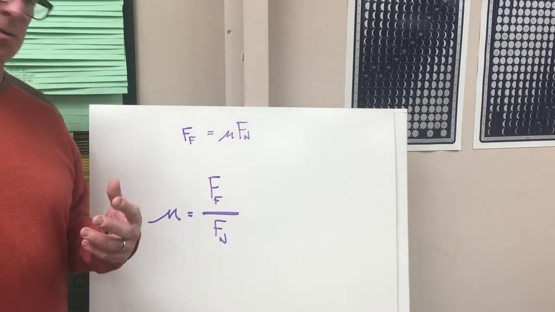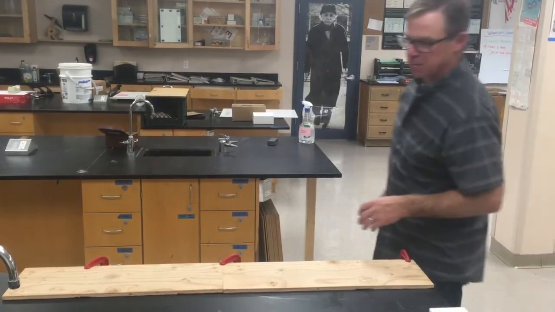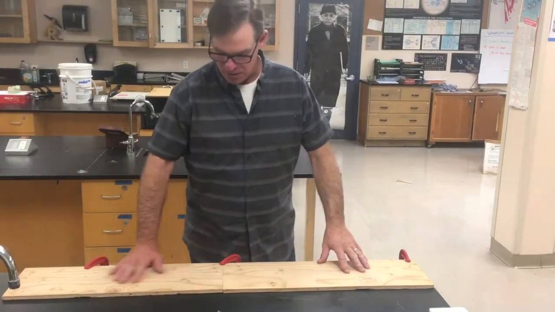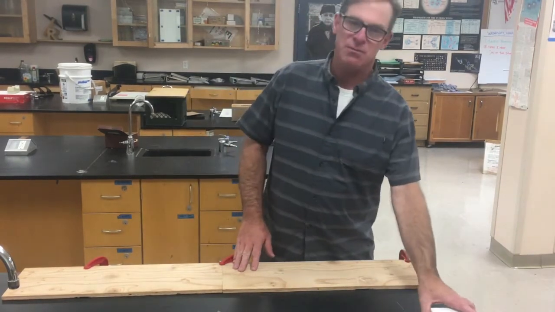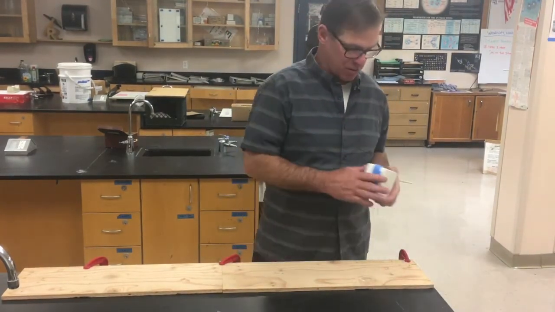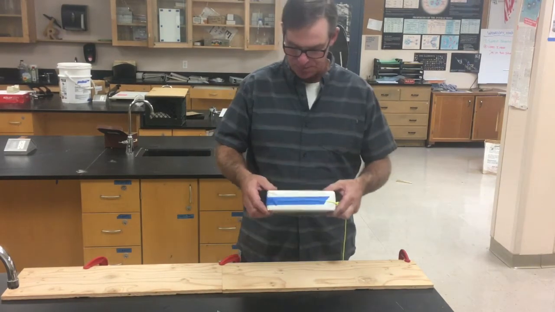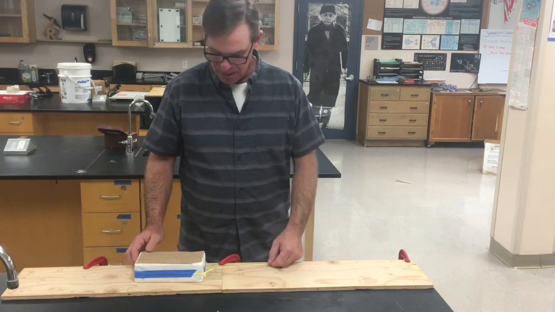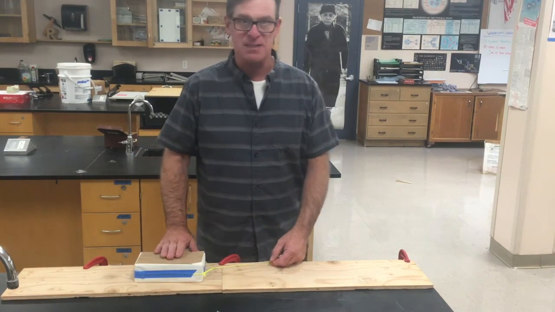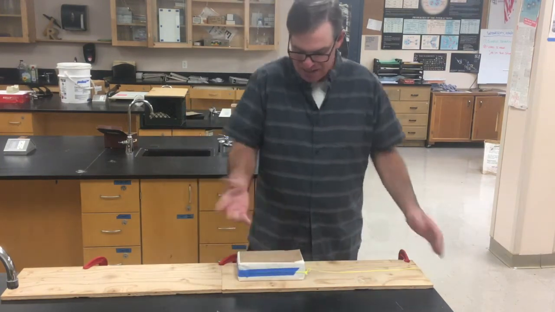I'd like to try to measure mu a couple of different ways. You see I've got here a plywood track, and in order to look at mu and the coefficient of friction, we're going to slide this brick that I've covered in paper on the track. Now, we've talked about this a lot. If you've been paying attention, you know that this brick on the track is at rest.